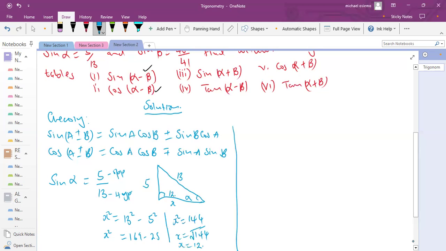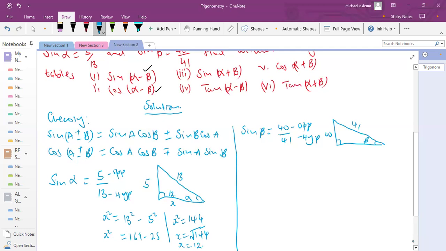Similarly, we have sin beta being equal to 40 over 41. Again, this is the opposite and this is the hypotenuse. If we have the right angle triangle here, and this is our beta, then the opposite is 40 and the hypotenuse is 41.